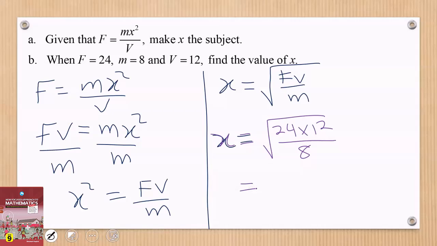We know 8 can divide 24 easily, and so we can do that, and that will be 3. So 3 times 12 is 36. So square root of 36 will give us 6. And so the value of x, when f is given, m is given, and v is given, will give us 6. Okay, we'll take the last example for this one.